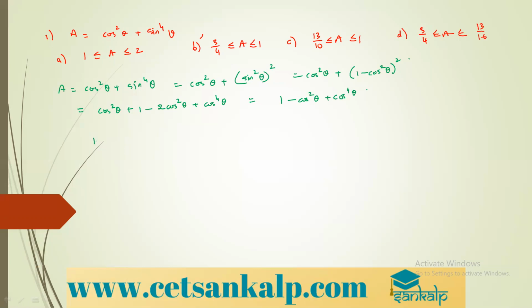So we can write 1 minus A as cos square theta minus cos power 4 theta, that is cos square theta minus cos square theta whole square.